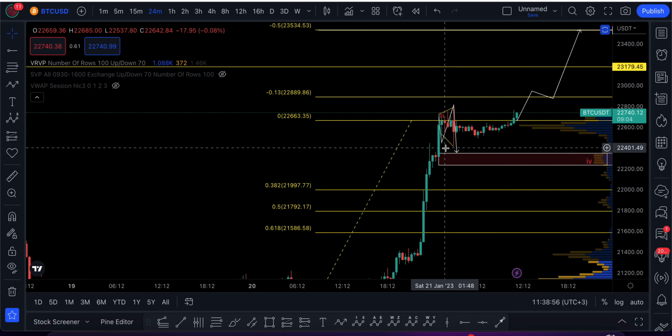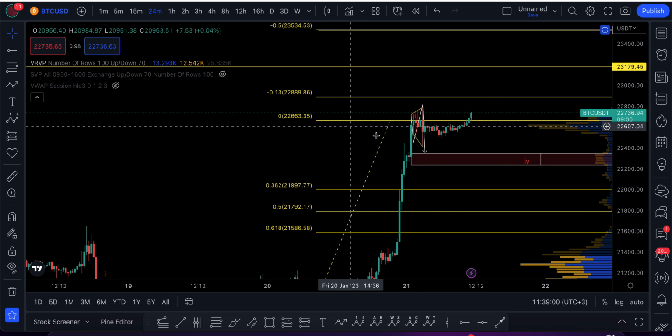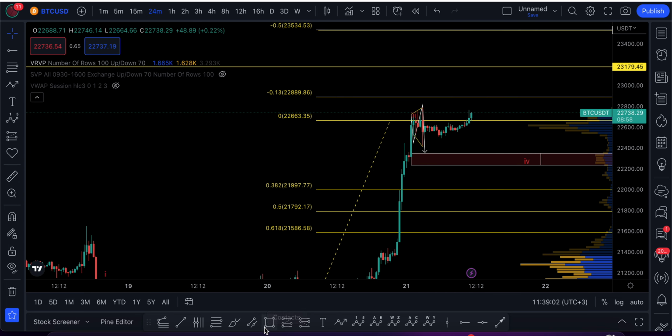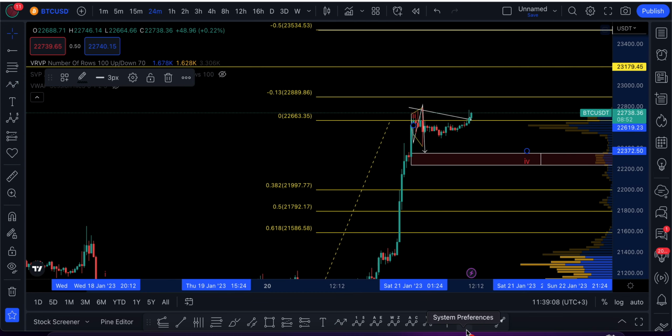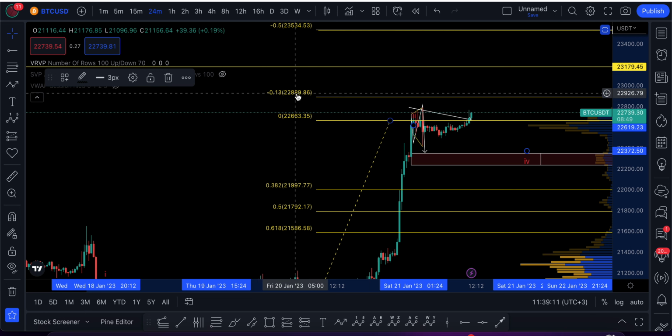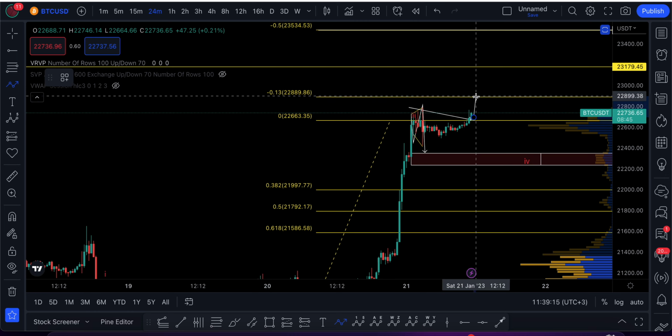Okay, but as you can see right now, we see that price is finding support right at this level, right? So the next thing I would expect is price to attempt 22,889. If we try that, we get rejected.